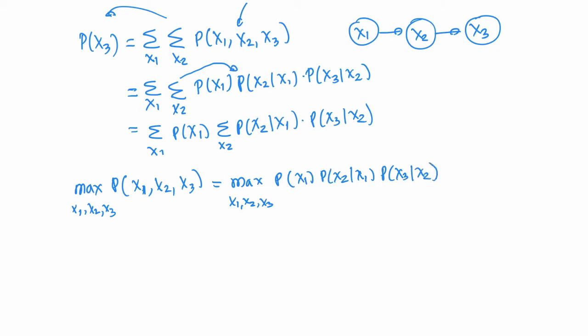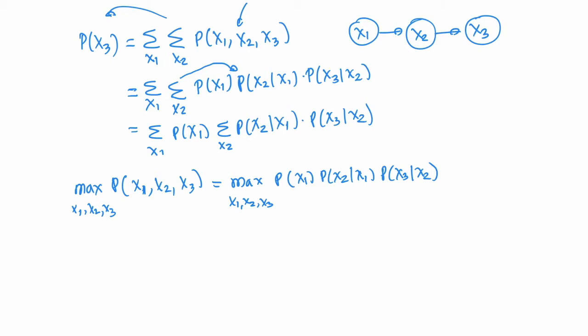What is interesting in terms of math is that the same property that is valid for the sum is also valid for the max. So we can move the max to the positions in order to eliminate the variables sooner.